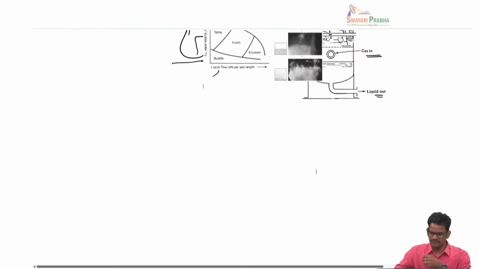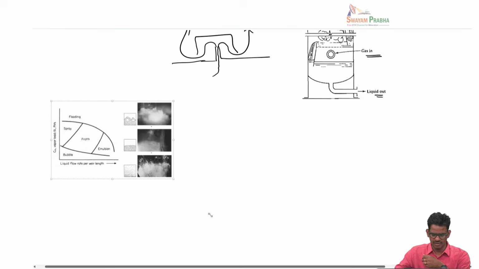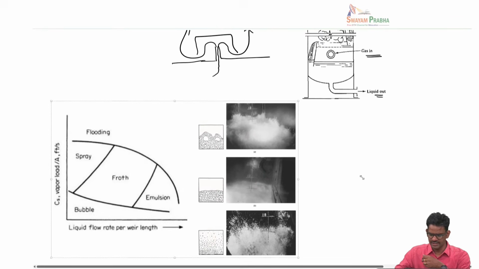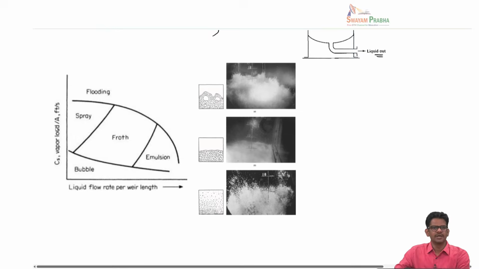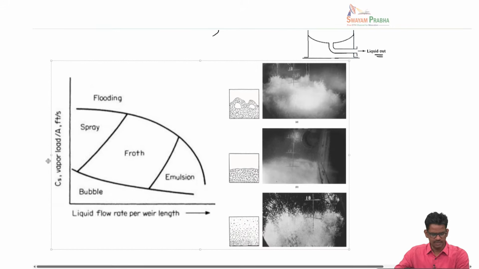The flow regimes can be shown by this schematic. In fact, the flow regimes are pretty complex in a tray column compared to a packed column. On the y-axis the vapor flow rate is mentioned, and on the x-axis we have the liquid flow rate, and we are looking at different possible flow patterns in the tray column.